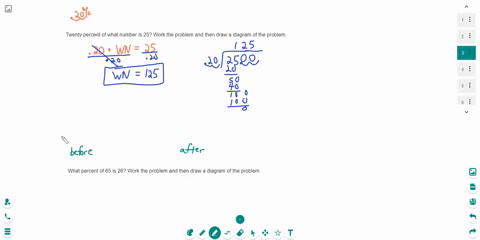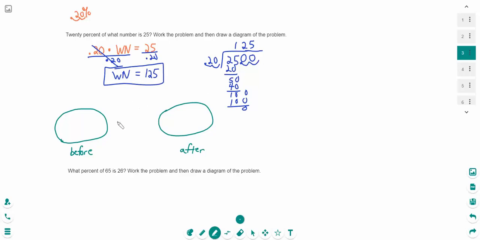And we will draw basically a bubble right above the before, and we'll draw a bubble right above the after. Okay? Now, the before, what that means is what was the original amount? Before we did anything to it, what did I have at the very beginning?